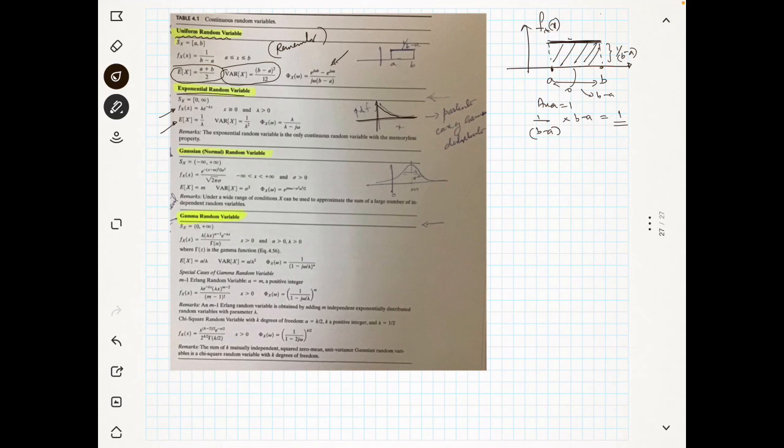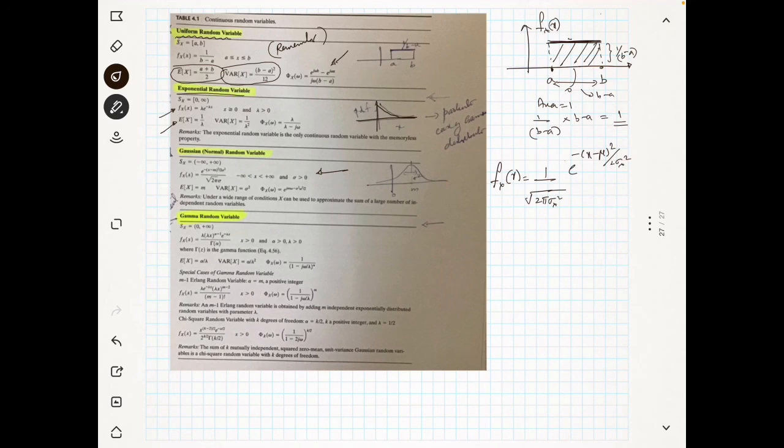Now the Gaussian random variable, you can see here it is denoting sigma. You can also represent the Gaussian random variable like this, 1 by square root of 2 pi sigma x square, into e power minus of x minus mu the whole square by 2 sigma x square. Okay, you can also represent it like this.